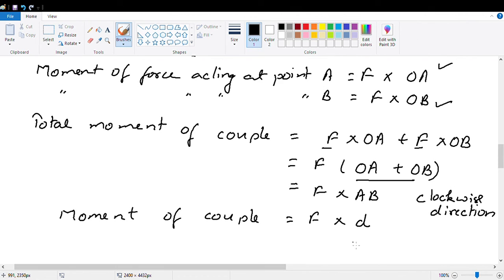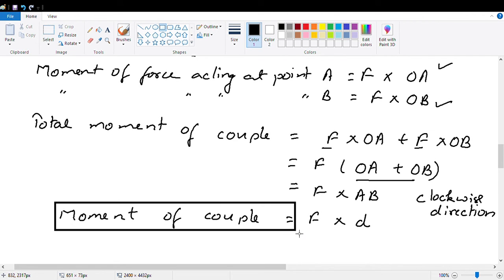This is basically the derivation of the moment of couple, and we have got this formula.